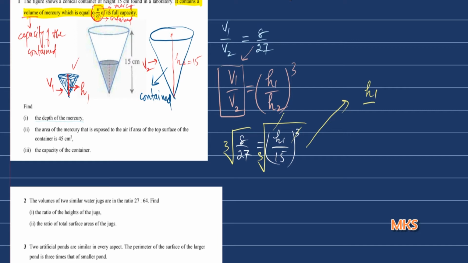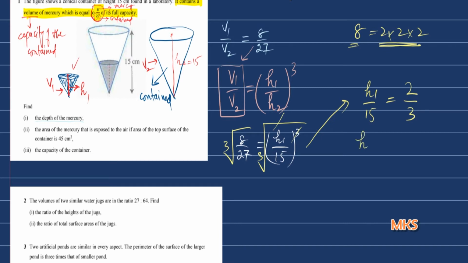H1 over 15 is equal to, on the other side, the cube root of 8, which is 2. Because 8 is 2 by 2 by 2, means if 2 is multiplied 3 times to itself, it gives 8. The same way, 3 is the cube root of 27.